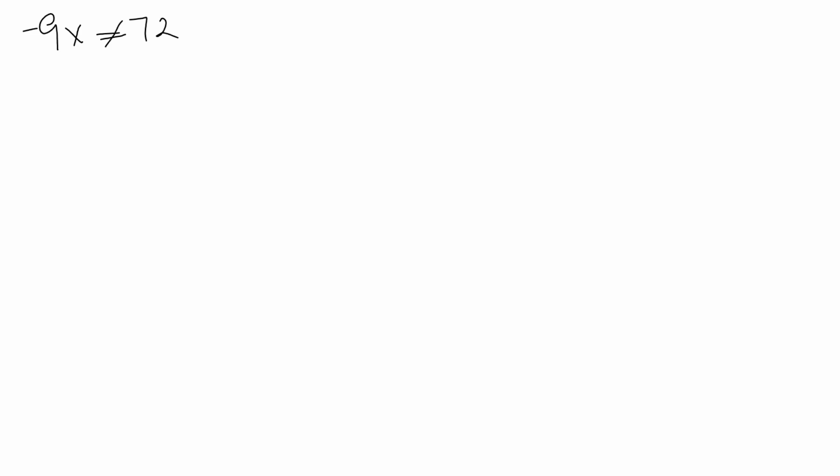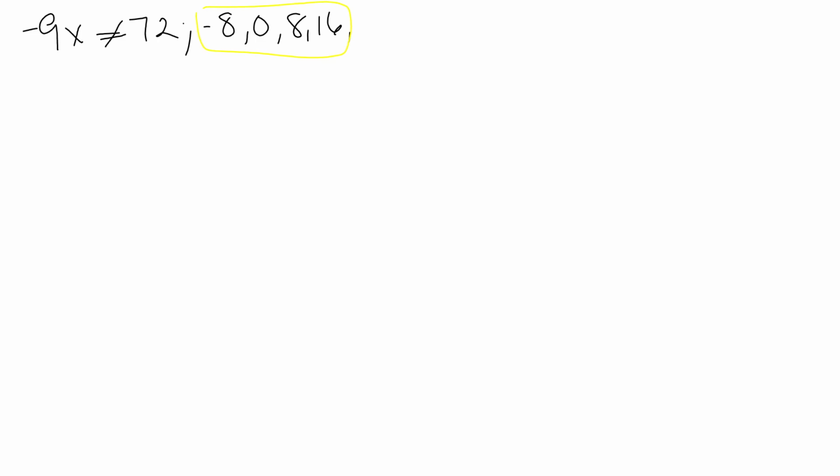And then it gives me several numbers beside it. -8, 0, 8, 16 to try. And now it wants me to give them the numbers that are a part of the solution set.